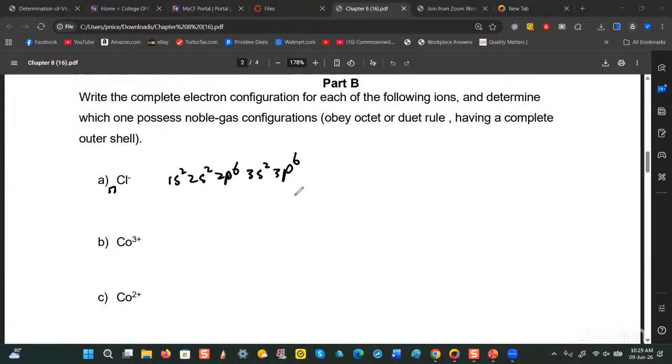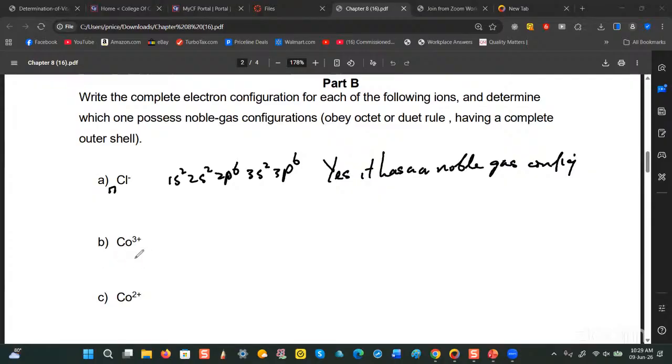In other words, does this have a noble gas configuration? And the answer is yes. That would be the same as the configuration of the element right next to chlorine, which is argon. So the answer is yes, it has a noble gas configuration.